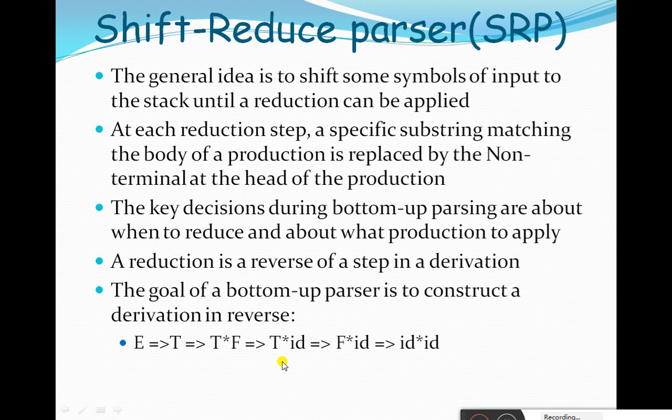Then in the next step of reverse derivation, id is a handle that matches the body of the production F arrow id.